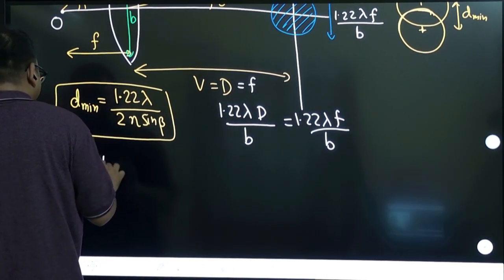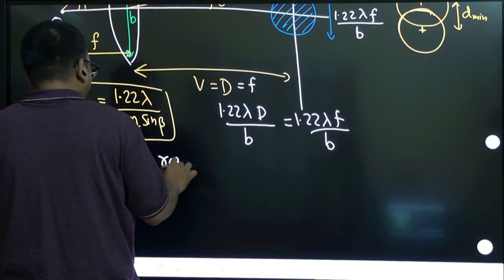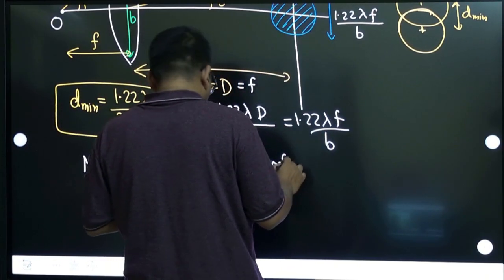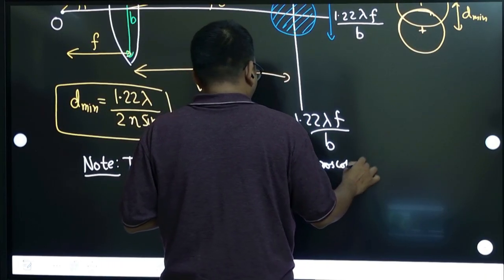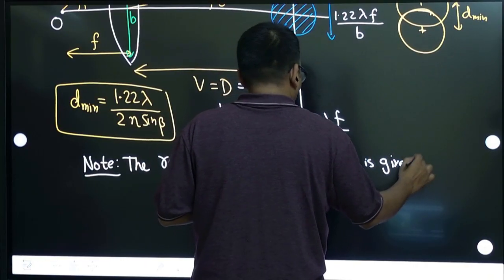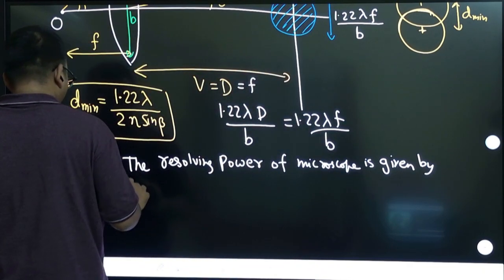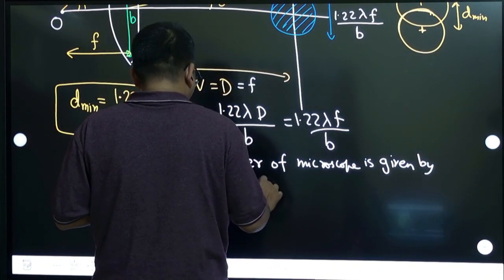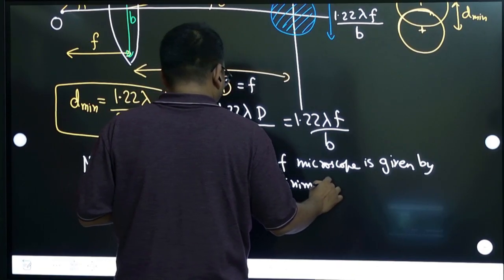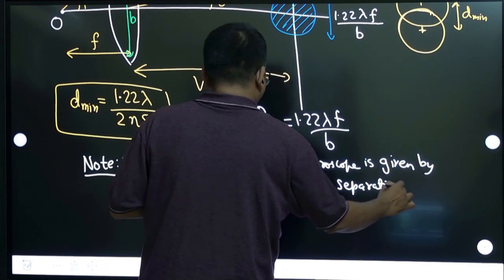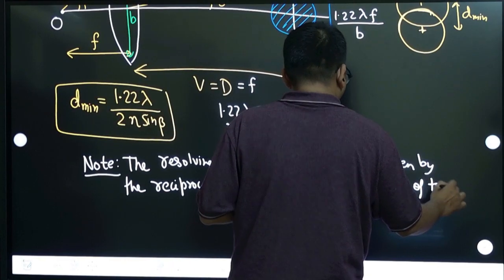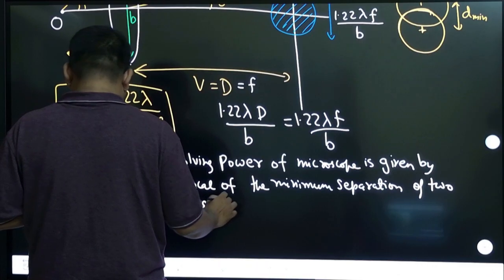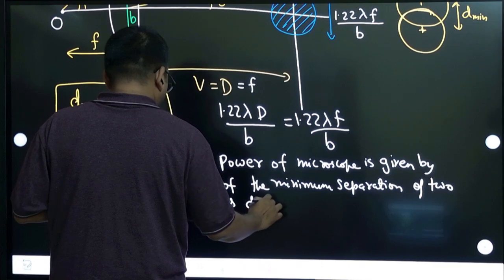Note this: the resolving power of a microscope is given by the reciprocal of the minimum separation of two points seen as distinct.